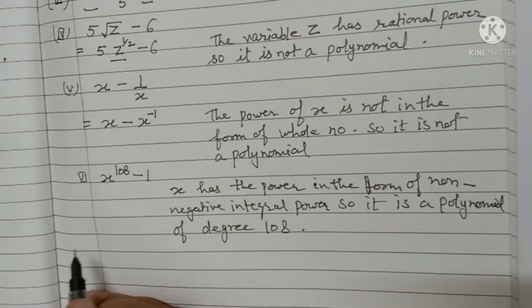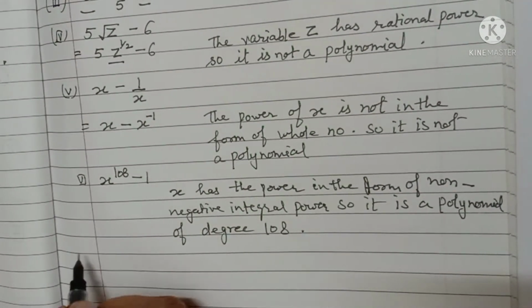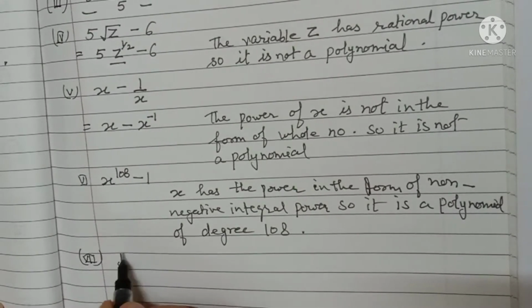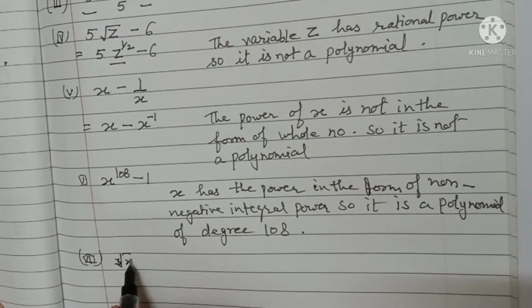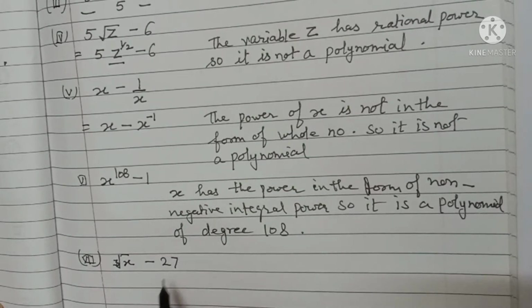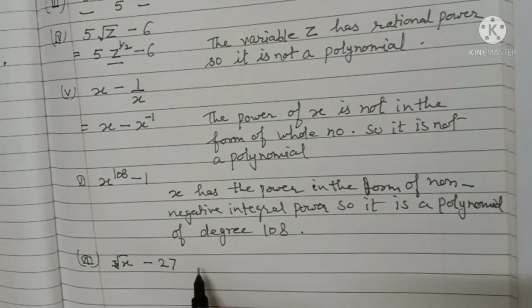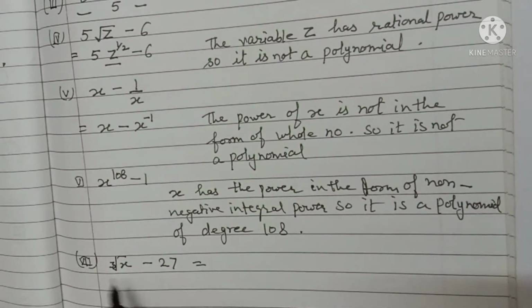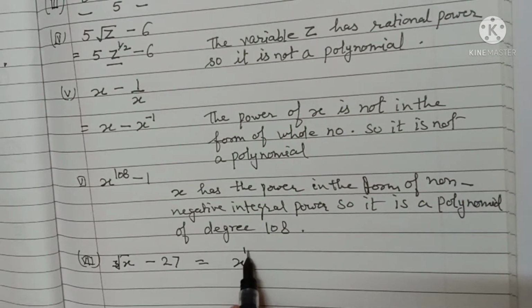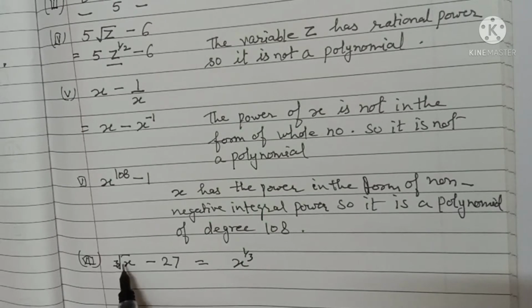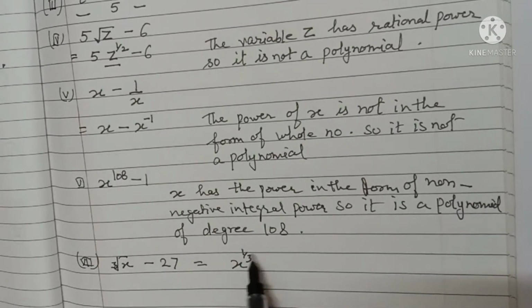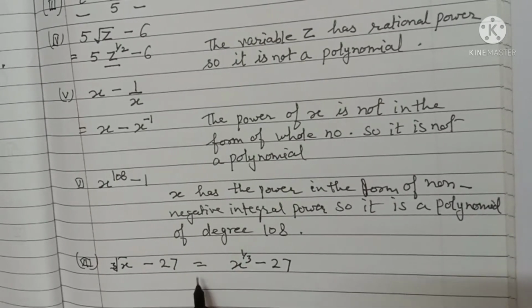Now come to the 7th part. The 7th part is cube root of x minus 27. It looks like it is not a polynomial, because you can write x to the power of 1 by 3. Cube root means you can write the power in the form of a rational number, minus 27.